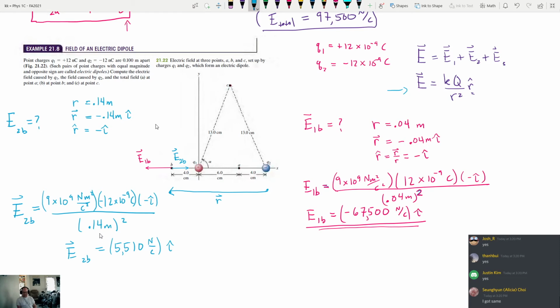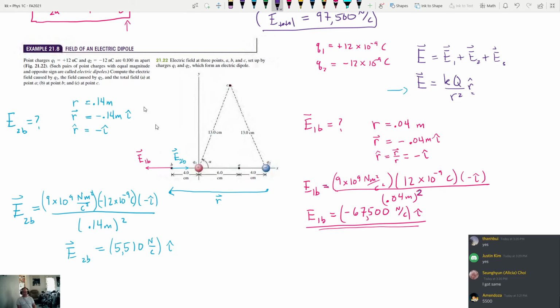This is 108 divided by 14 squared. 14 squared is, I don't even know, but I bet you all are right. I'm just going to do that part of the calculation real quick. 108 divided by... 5510. I agree. Okay. So those are our answers, and of course that's not the final answer.